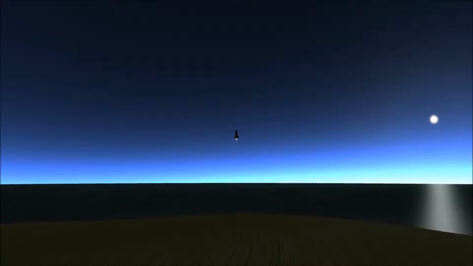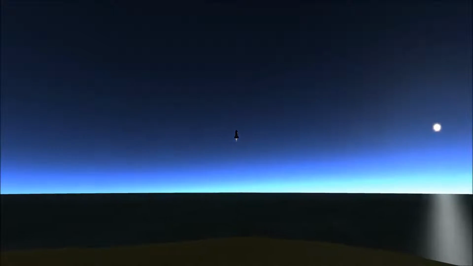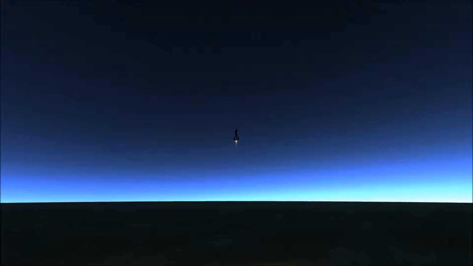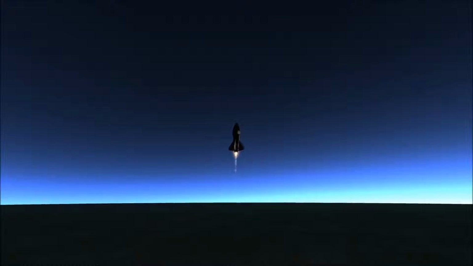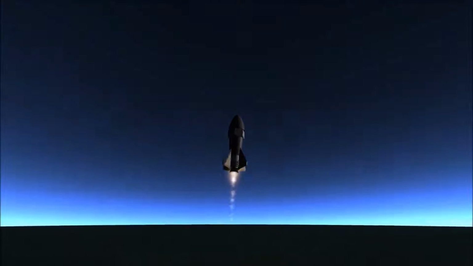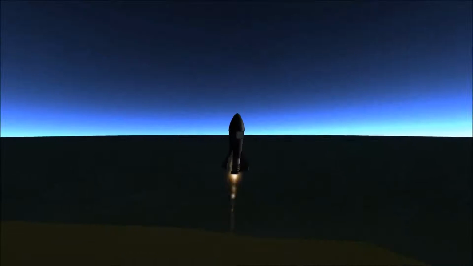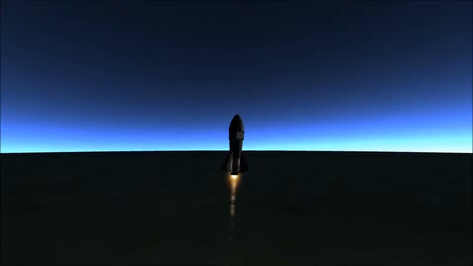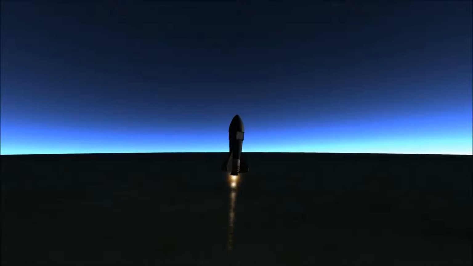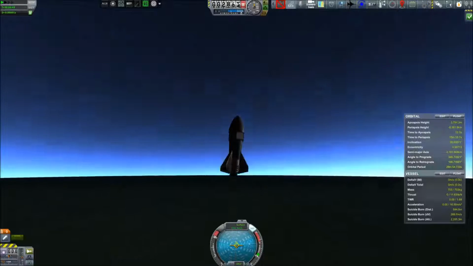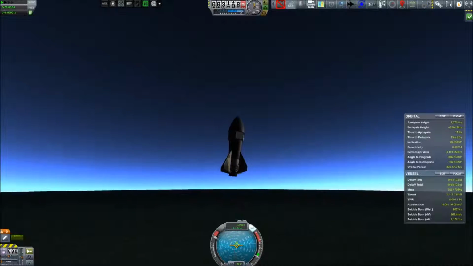Vessel is well clear. Zooming in, the throttle seems to be burning effectively. 46 seconds, 47 seconds, and we have throttle burnout.